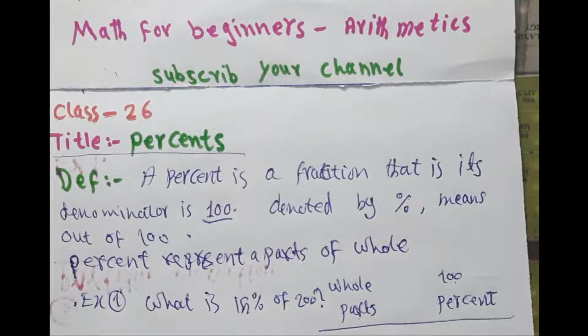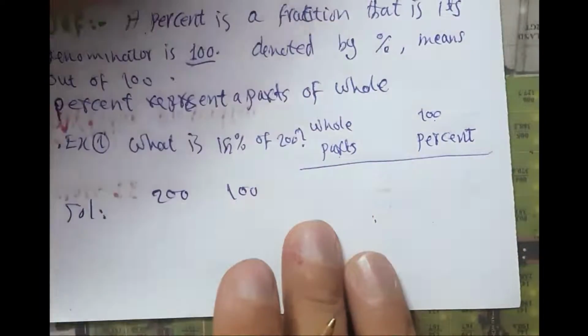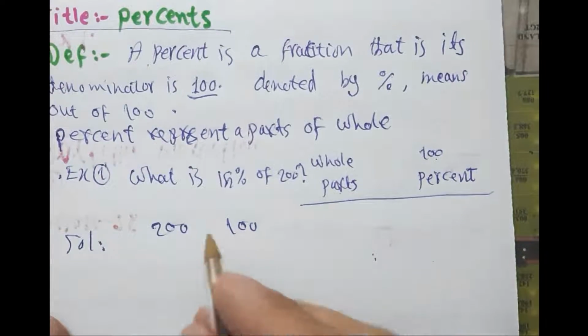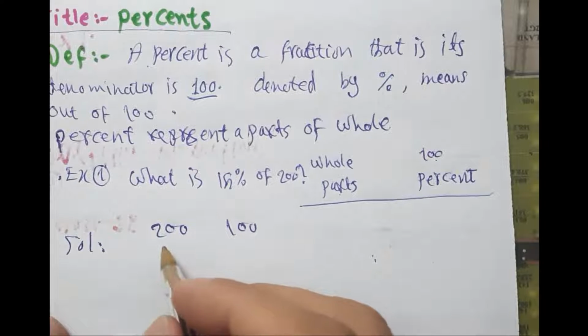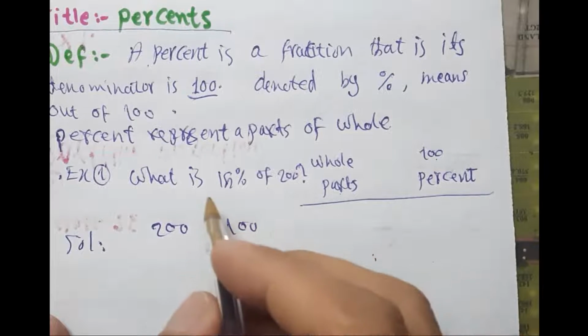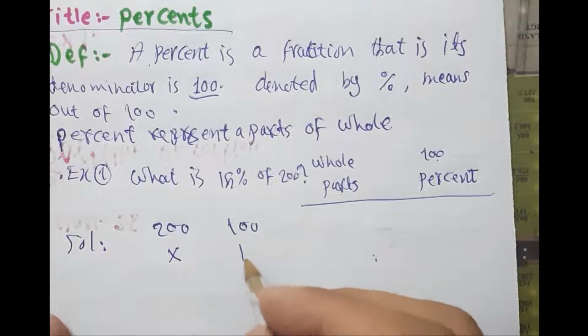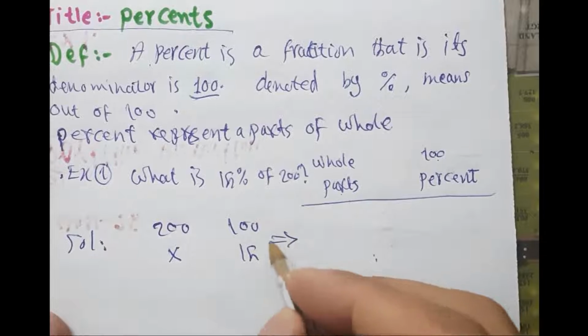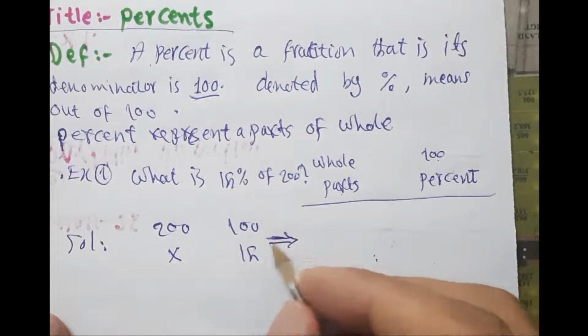We have whole number 200. We can write 200 over 100. Parts here is unknown, but percent is 15. Now easily we can find x.